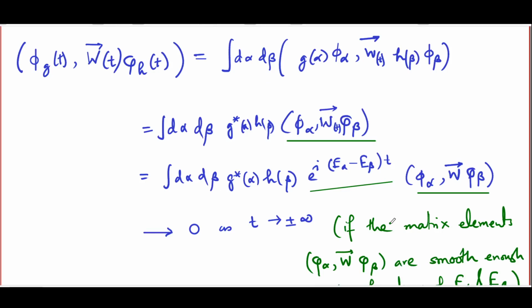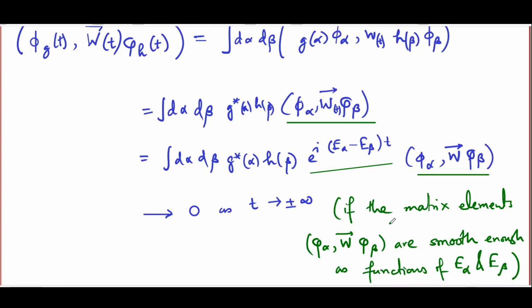So, this integral, which is a matrix element of W(t) between any two smooth superpositions of the free particle eigenstates, must vanish in the limit τ going to plus or minus infinity, provided of course that the matrix elements of K minus K0, that is W, do not have singularities like δ(Ea minus Eb) in their expansion.